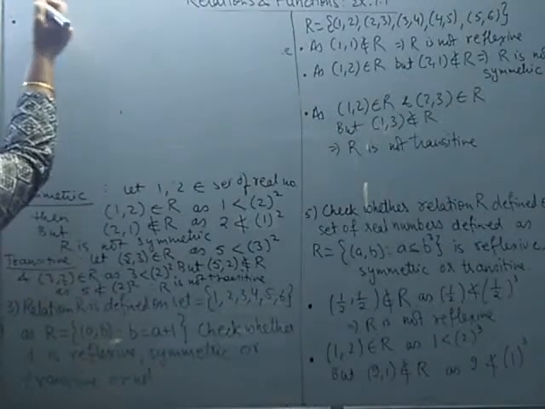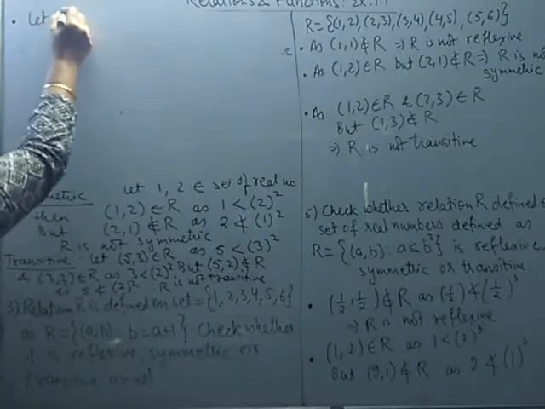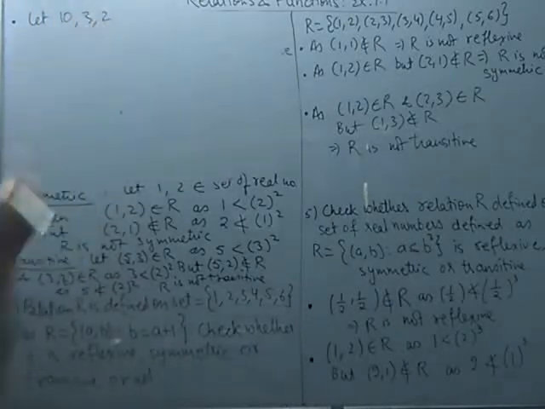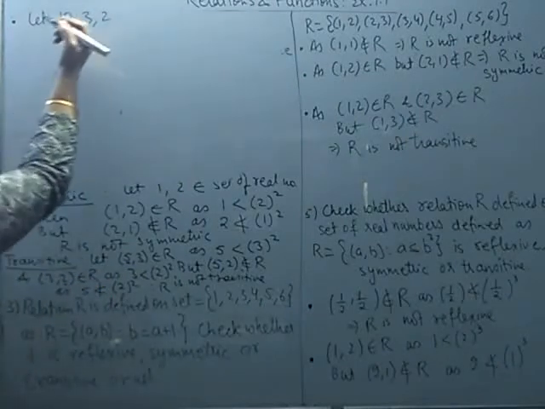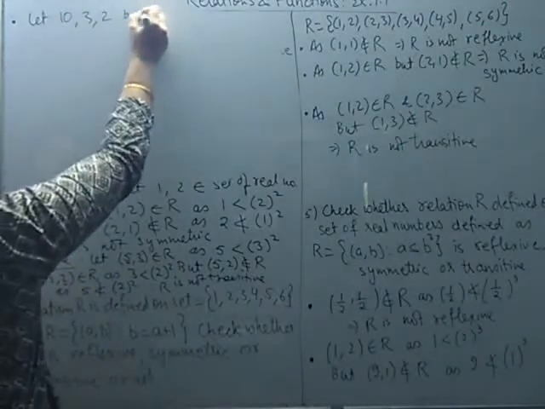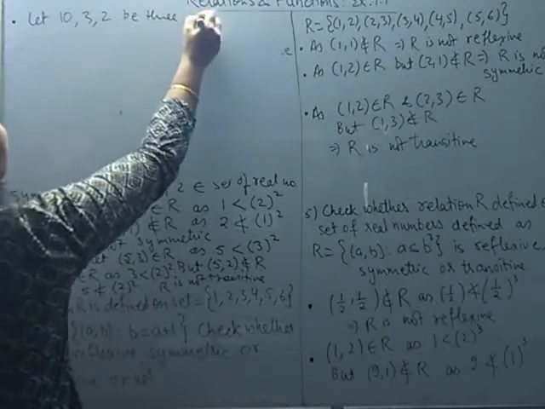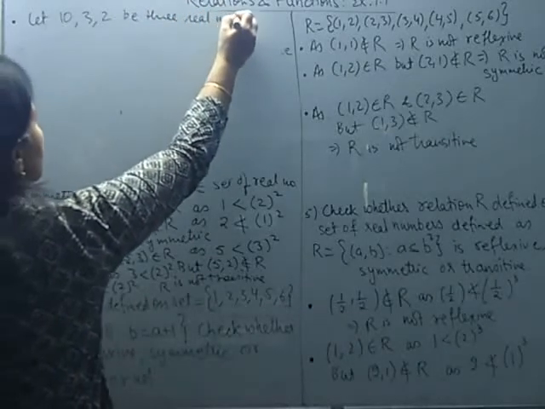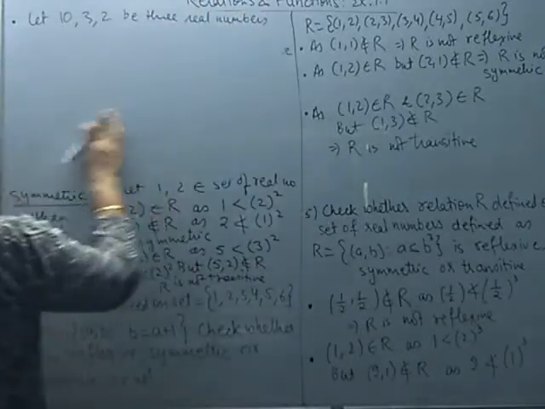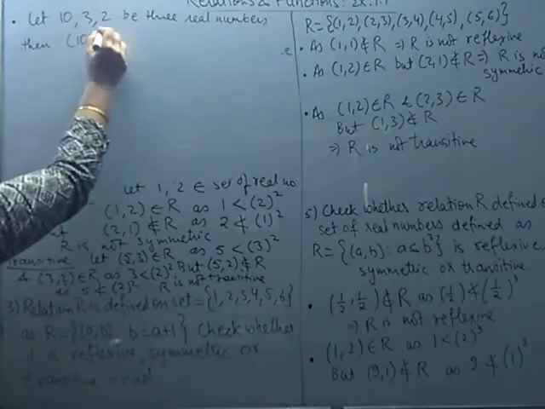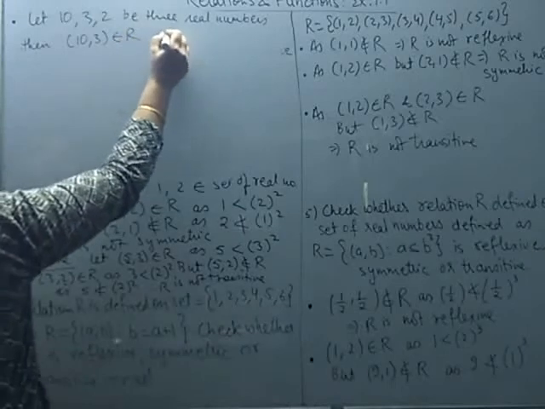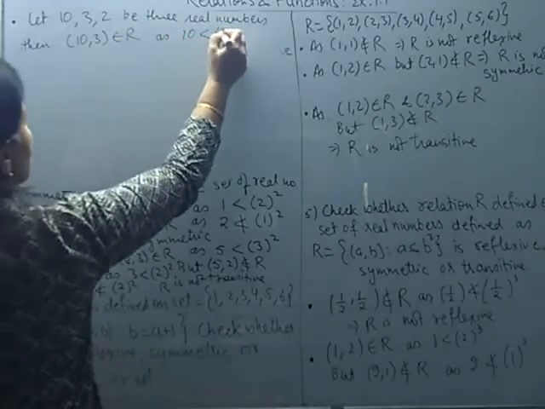Okay, let me take the three real numbers to be 10, 3 and 2. So let 10, 3 and 2 be three real numbers. Then we can see 10 comma 3 will belong to R, because 10 is less than the cube of 3.